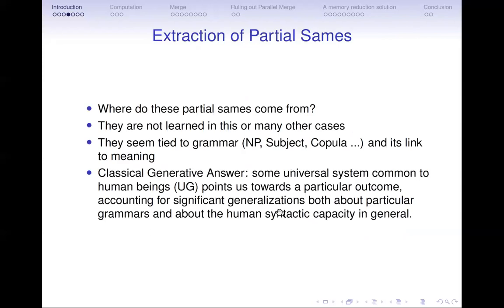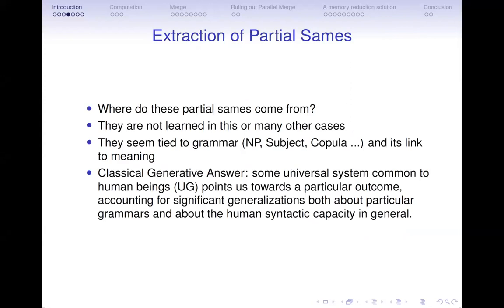All right. So the questions. What we just saw there was the spookiness, about the partial similarities, and so there's a question, which is where do these partial similarities come from? Now, if you're looking at particular grammars, you can imagine it might be learned, but clearly they're not learned in the case that I just gave you, because we're looking at two entirely different languages.